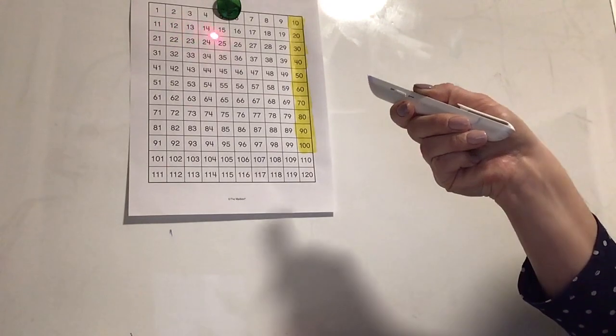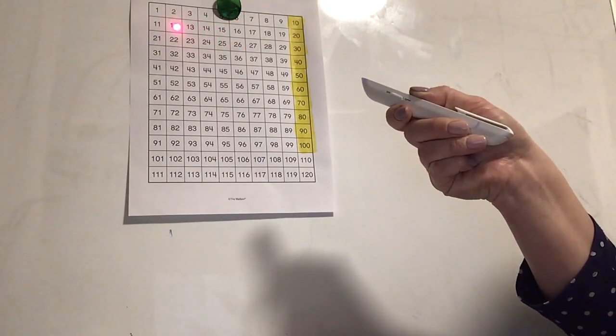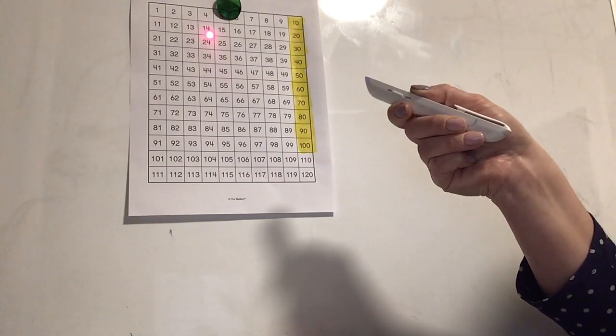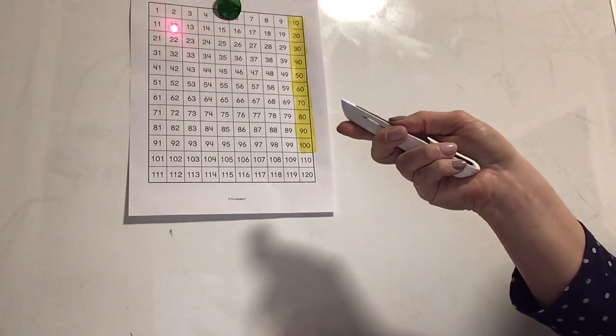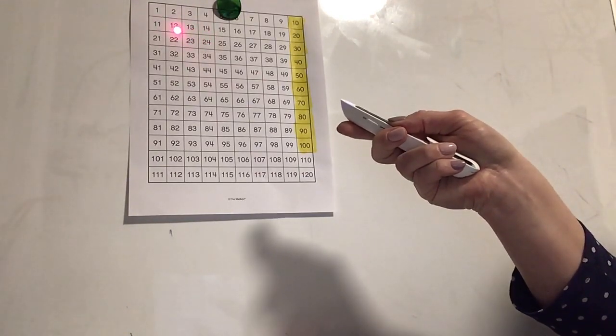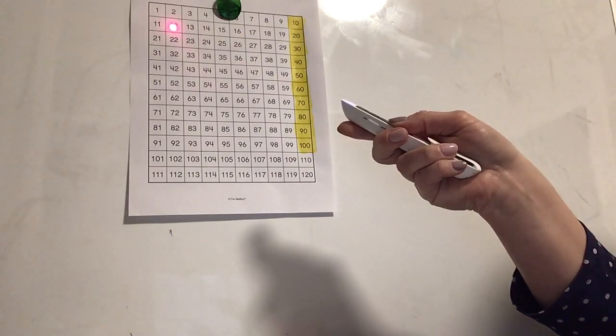That's right, we went this way. So basically we were adding one to the number. So 12, what is one more than 12? 13. What is one more than 13? 14. What is one more than 14? 15. That is correct. So we saw that what changed in those numbers, the ones place changed. It got bigger by one. The tens place was the same.